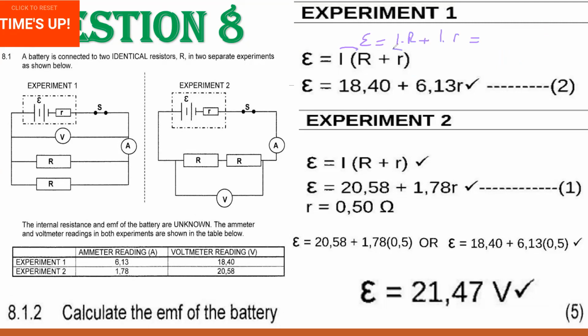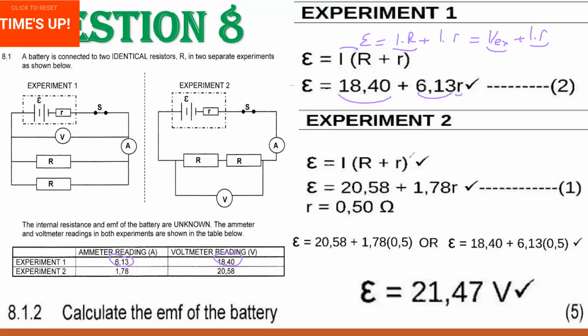So I times R, what we know, V external, the voltmeter, is already given, 18 point something. V external plus I times r, V lost, I'm still keeping it like this. For the external, I know 18.40 from the table, it's here, plus I is 6.13 times the internal resistance. This is my first equation.